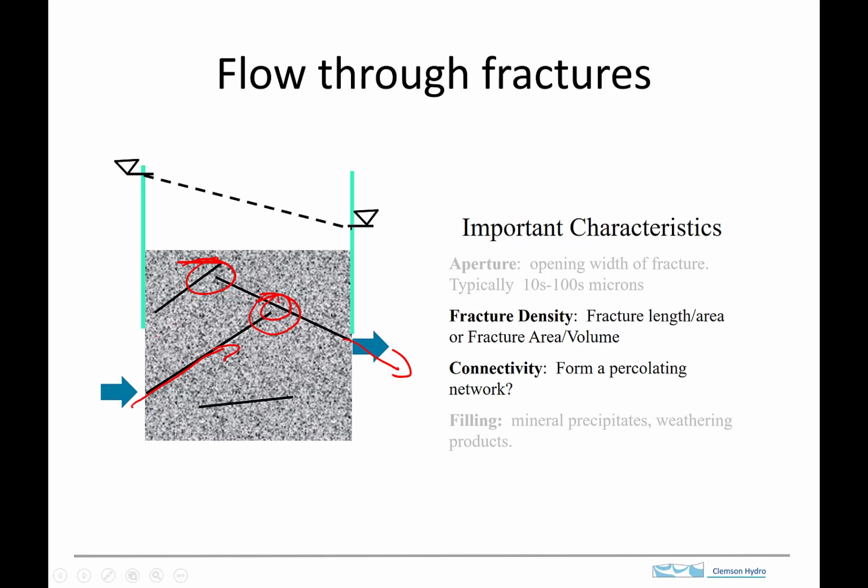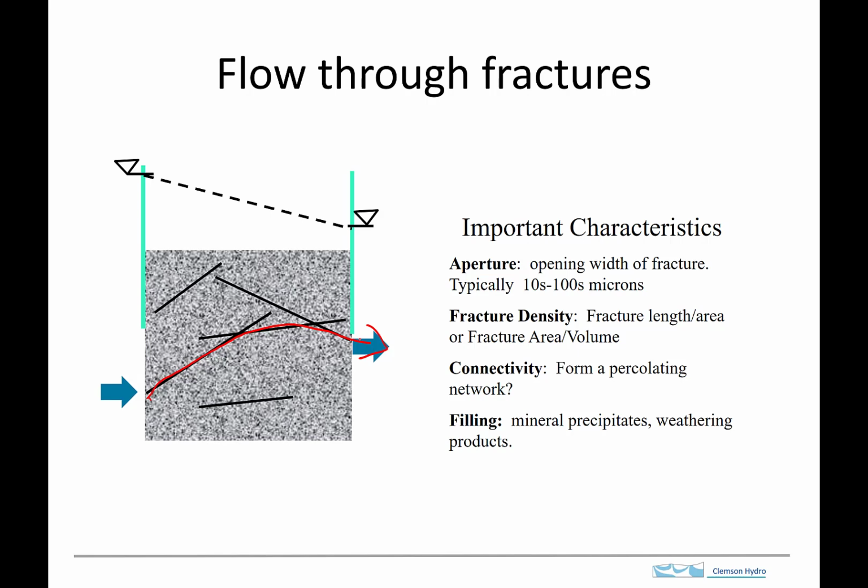And so if we take this fracture density and just increase it slightly, by adding one more fracture, then we have this connected network. So what's seen is that there's a kind of critical fracture density where a percolation network of a certain size is formed.